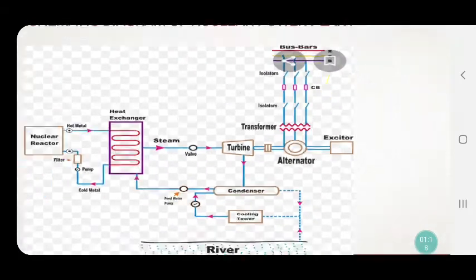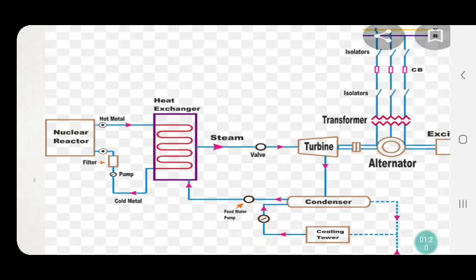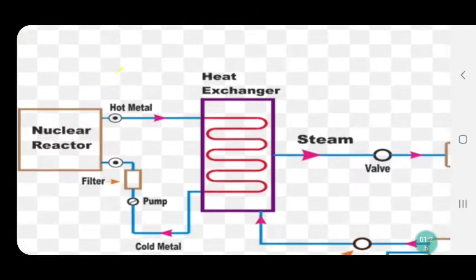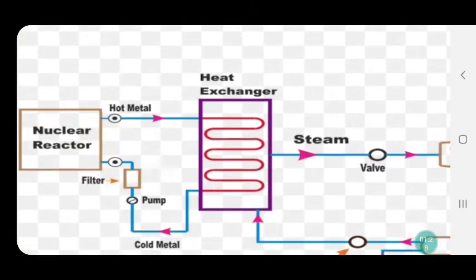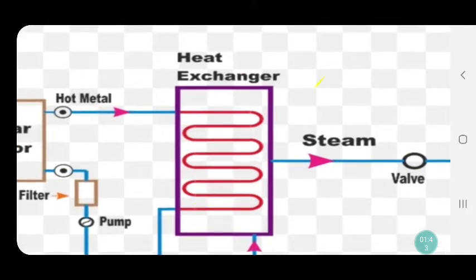You have studied the chain reaction process of nuclear. Because of this fission process, high heat is generated in this reactor, and that heat is passed to this heat exchanger.